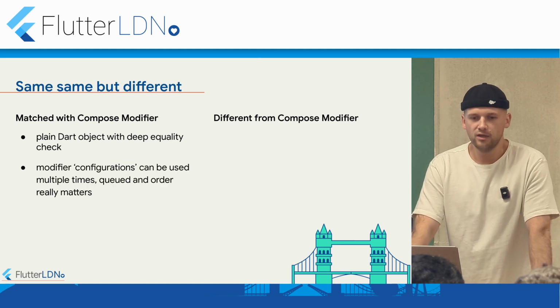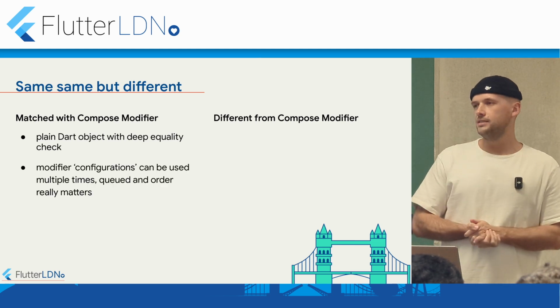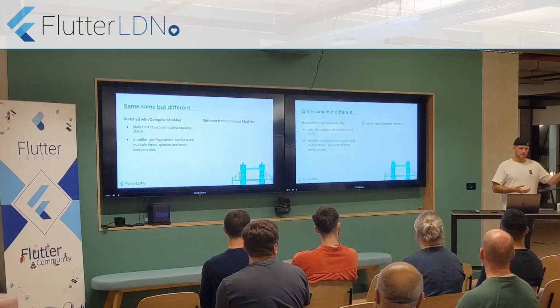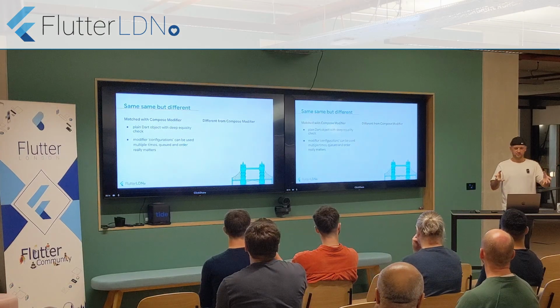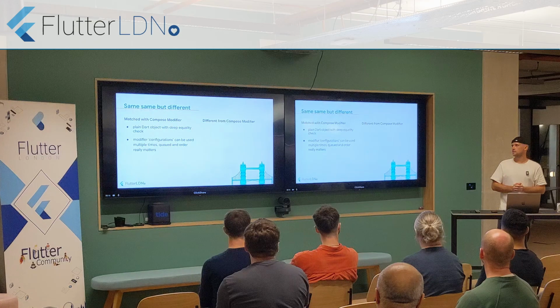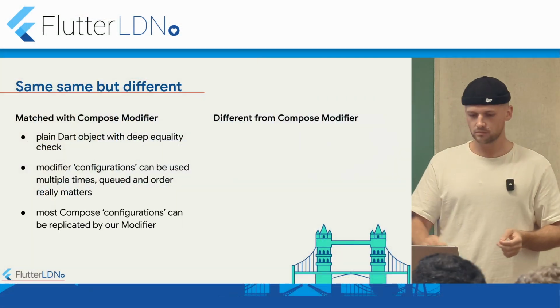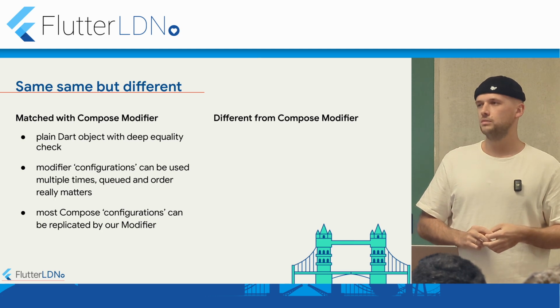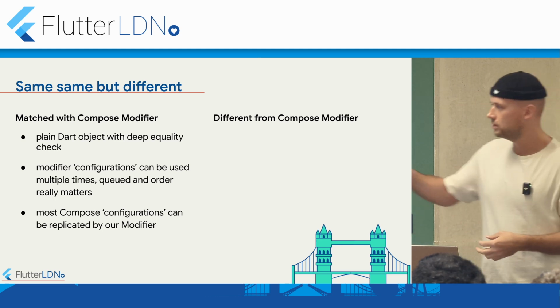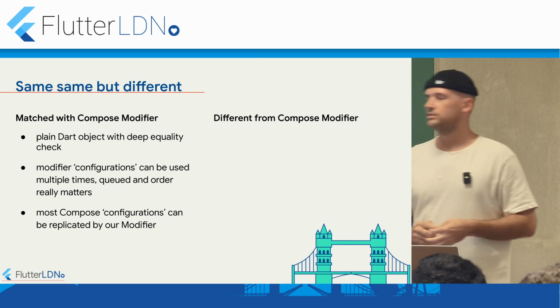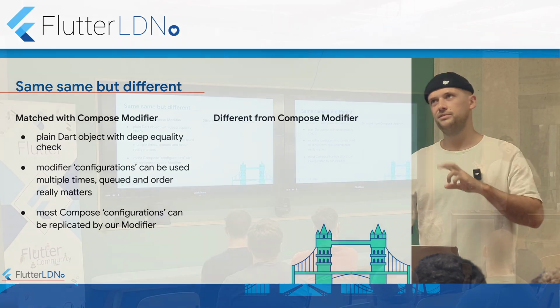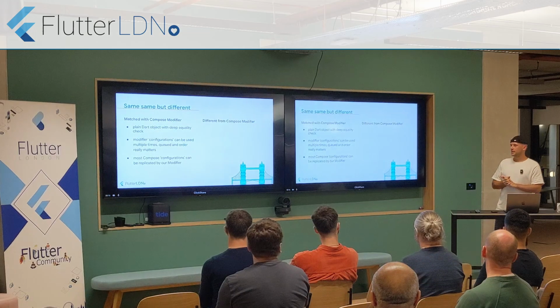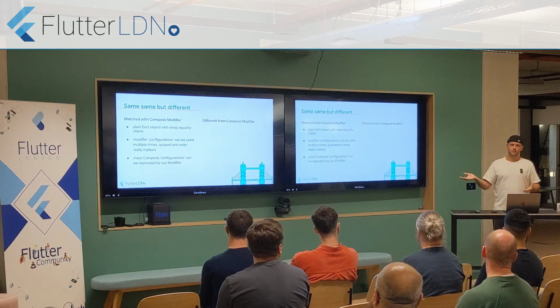It is a configuration object as is, and it can be reused. It can be instantiated outside, reused, copied, modified for all the children if needed. So pretty neat. And also most of the Compose configurations or modifiers, most because I haven't tried all of them, can be replicated by our own modifier if we want or if we need.